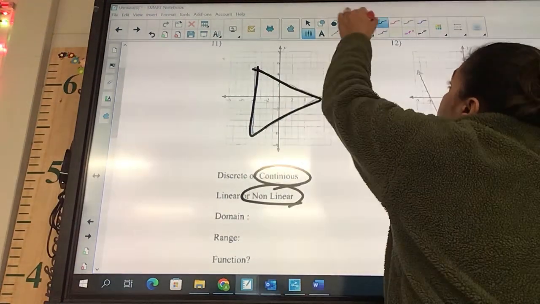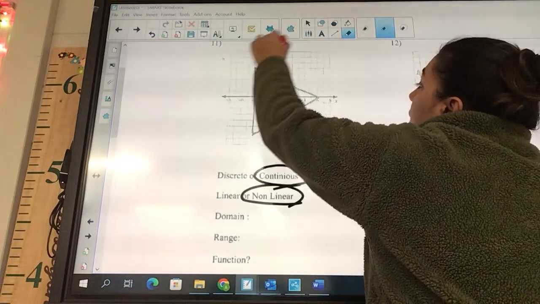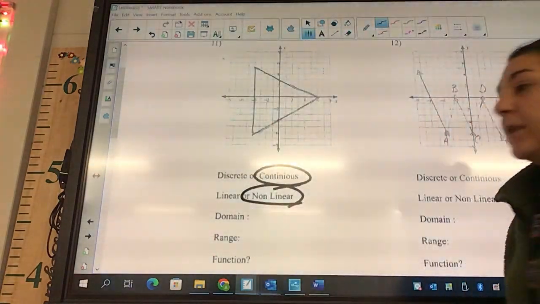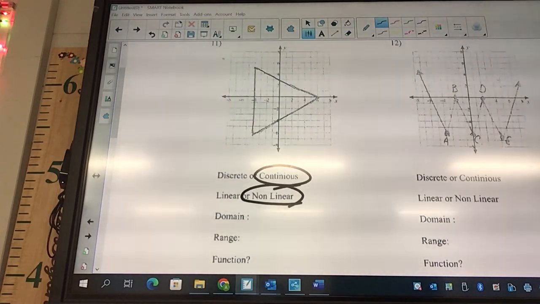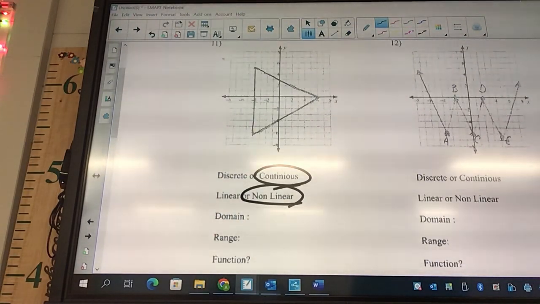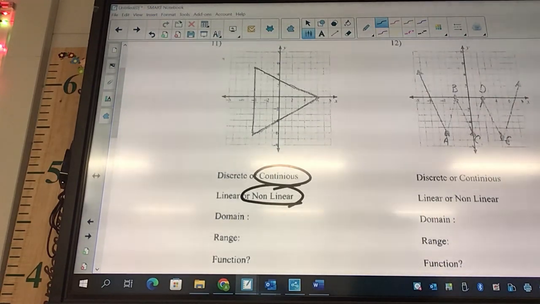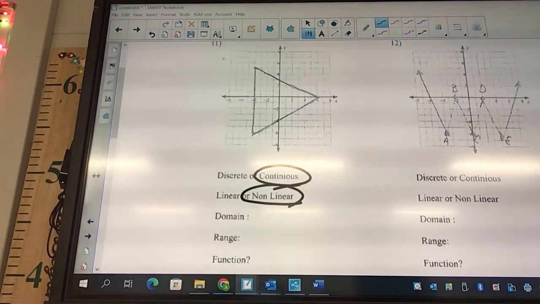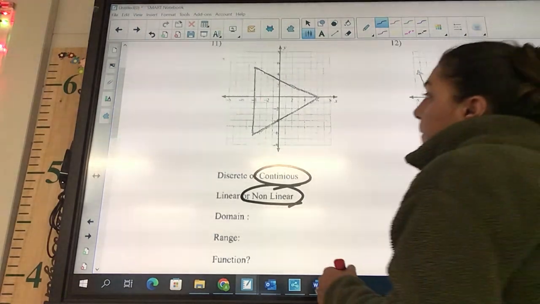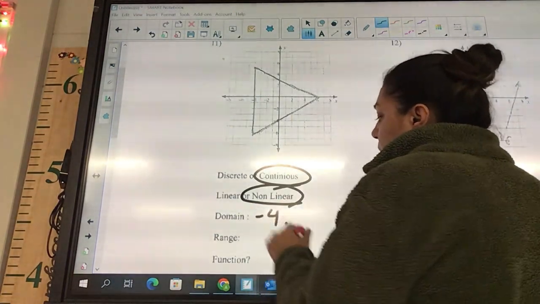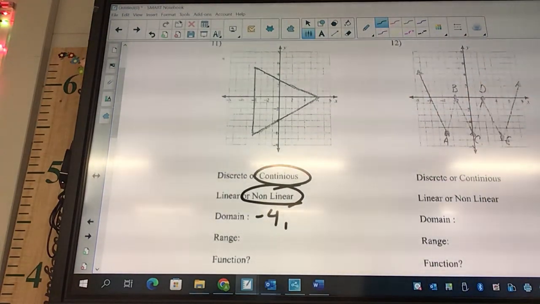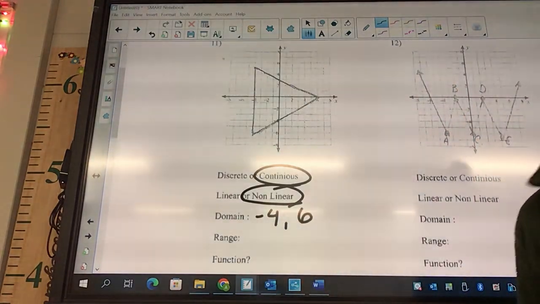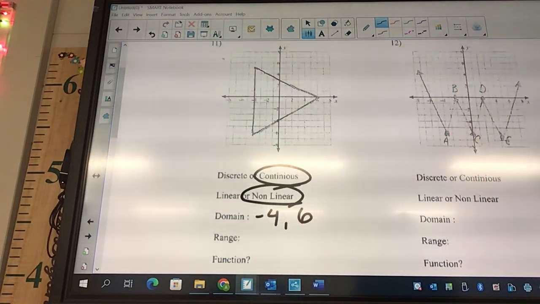Okay, what is the domain? How can we tell? How do you find it? You put your pencil on the paper, up and down. Where does it start? -4. What's it go to? 6. What's the range? We start at the bottom and work our way to the top.